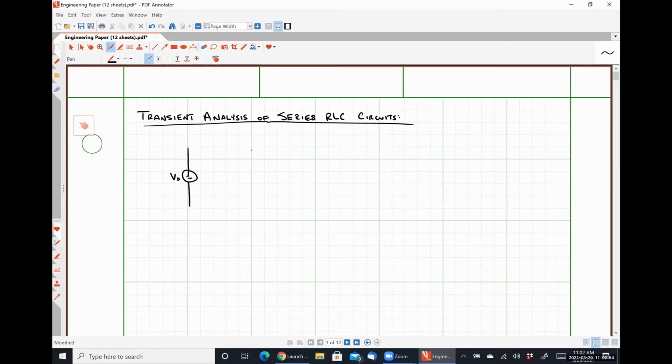It is going to be connected to this resistor R connected to some inductor L, connected to some capacitor C, like so, and this switch is opening at t equals 0. So we have a very similar case to what we observed last Friday.